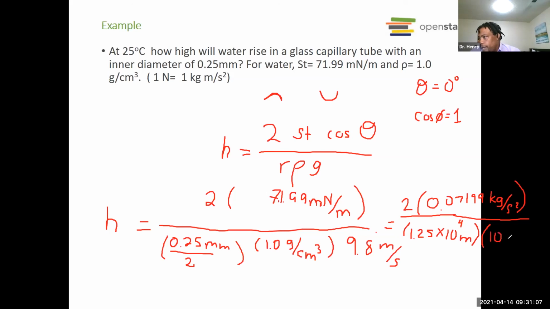And if we change grams into kilograms and cubic centimeters into cubic meters, that would just be 1,000. And it's 9.8 meters per second squared. Sorry, I ran out of room.